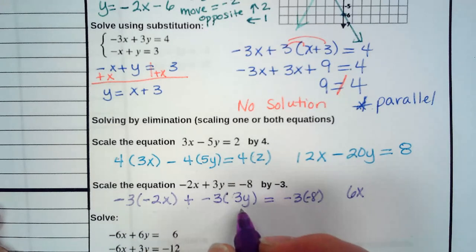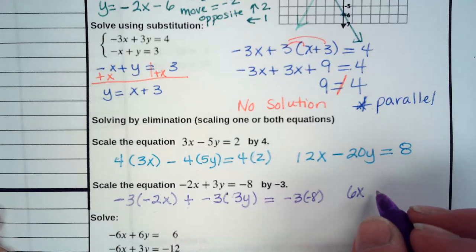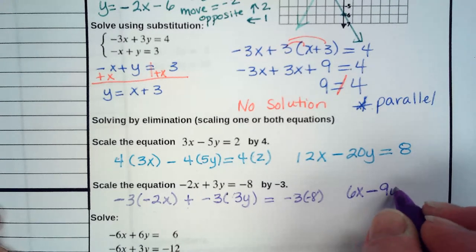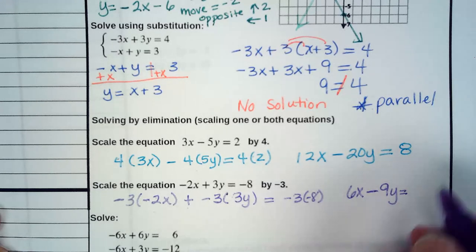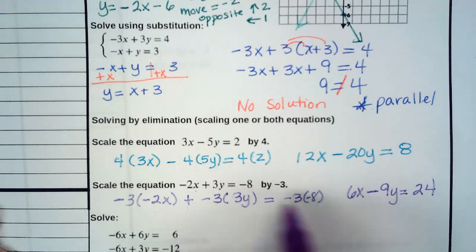Plus negative 3 times 3y, negative times the positive is a negative, so negative 3 times 3y is negative 9y, is equal to negative 3 times negative 8 is 24. These two equations result in the same line.